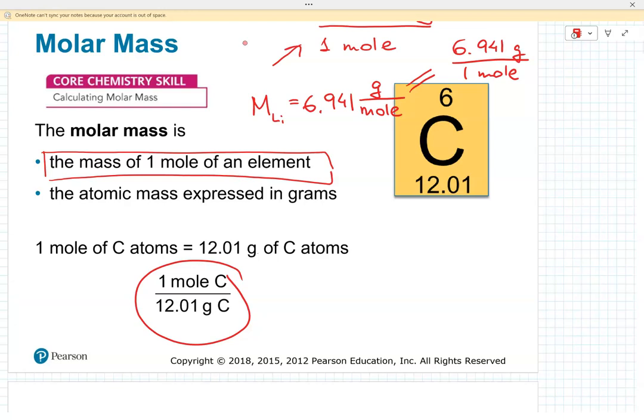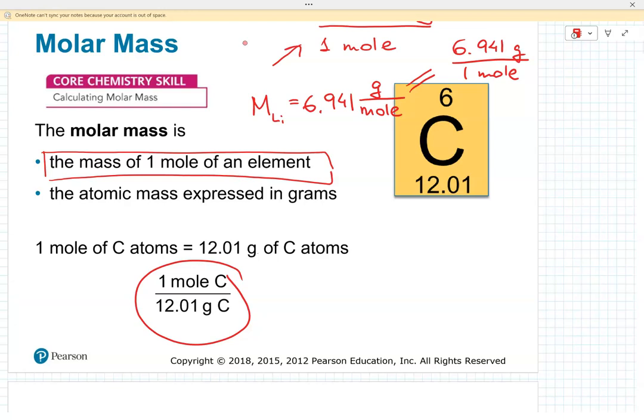Or we can say that 1 mole of carbon here constitutes, we can flip it, 12.01 grams. So for the atomic mass, like if we're not figuring out how many moles are in a particular element, like for carbon, with the 12.01 we see on the periodic table, would that be expressed in atomic mass units? No, sorry.